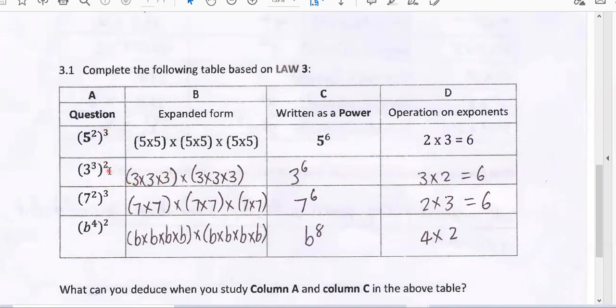Now the outer exponent outside the brackets is telling you you must repeat the same process 2 times. So that's why we have this process repeated twice. So we have 3 times 3 times 3 times 3 times 3 times 3. Then written as a power, we're gonna have 3 to the power of 6.